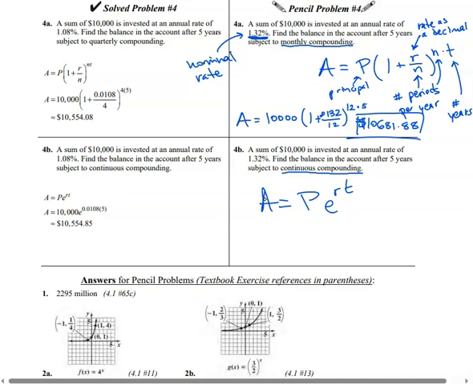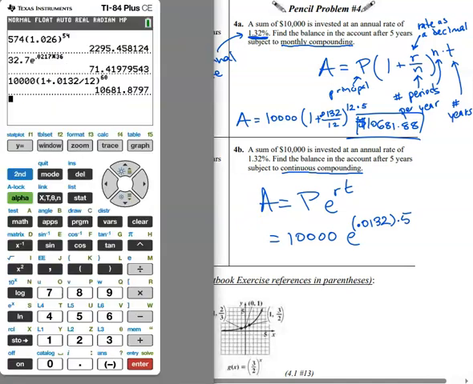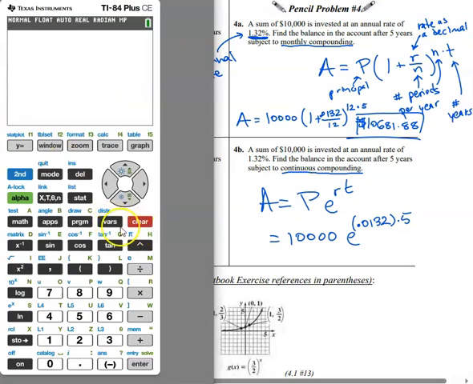This is the continuous compounding formula, and so we've got still the same principal, 10,000. We go e, still r should be the rate as a decimal, so 0.0132. And then t is the number of years, so we go that times 5. And then let's see what happens if we compound continuously instead of only monthly, if there's a very large difference in these two values.